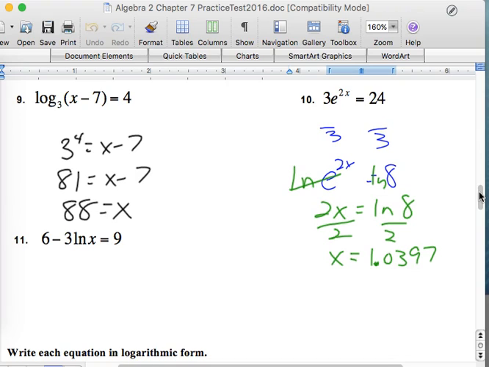This is cool. No. Never mind. It's not cool. Because what I did was I subtracted the 9.